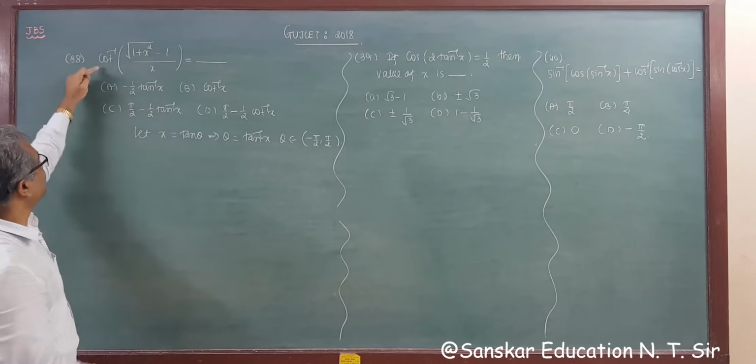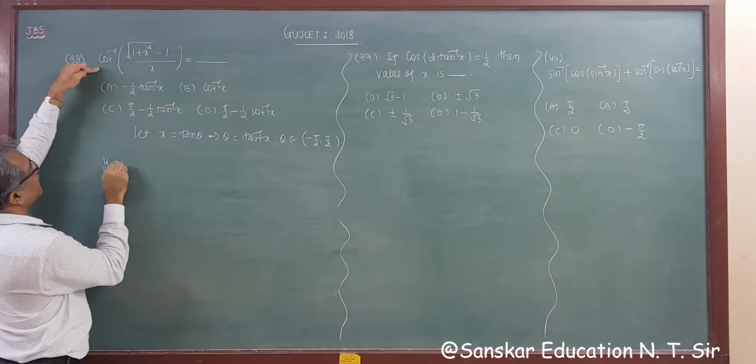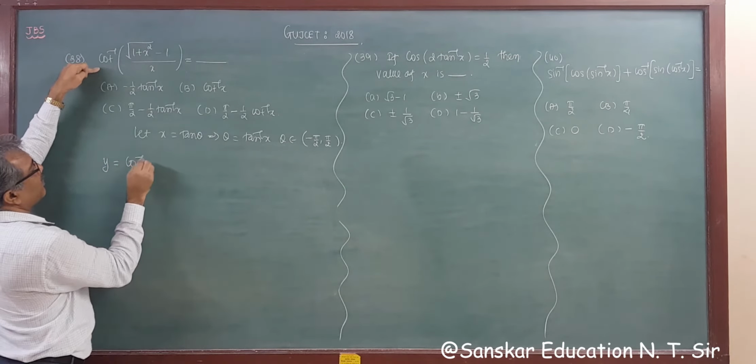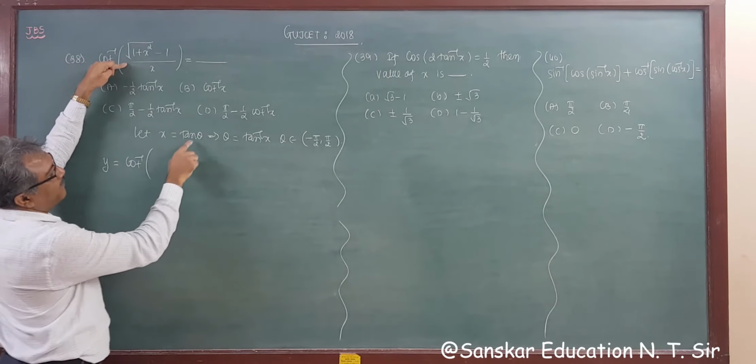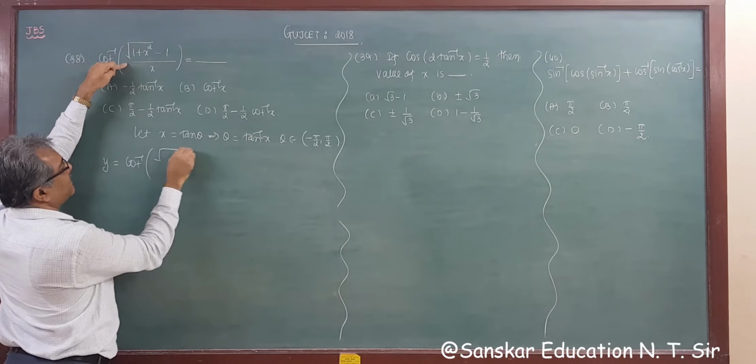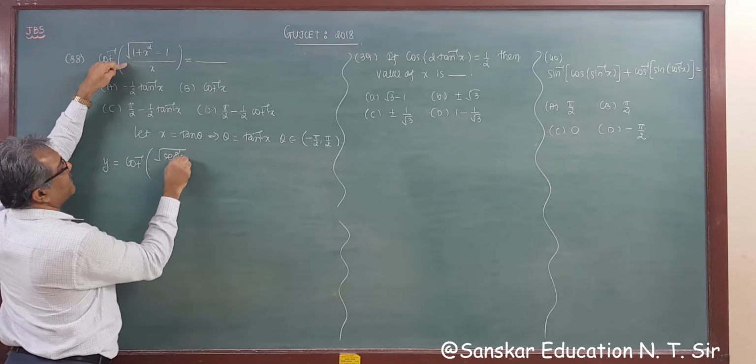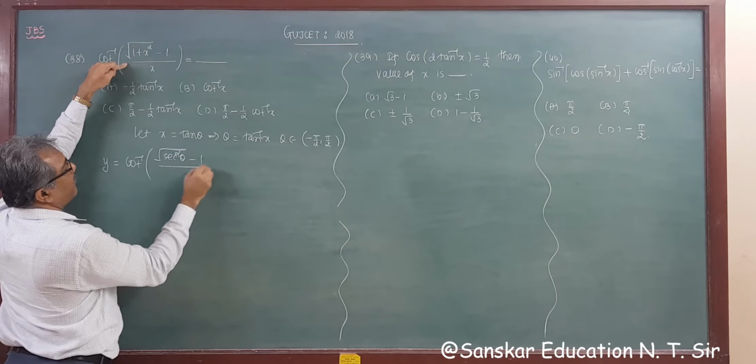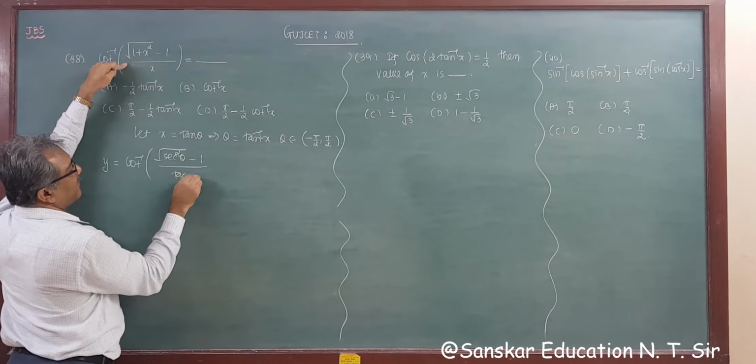Now substituting this, suppose we assume that this is y. Then y is equal to cot inverse of square root of 1 plus tan square theta, which is sec square theta, minus 1, upon tan theta.